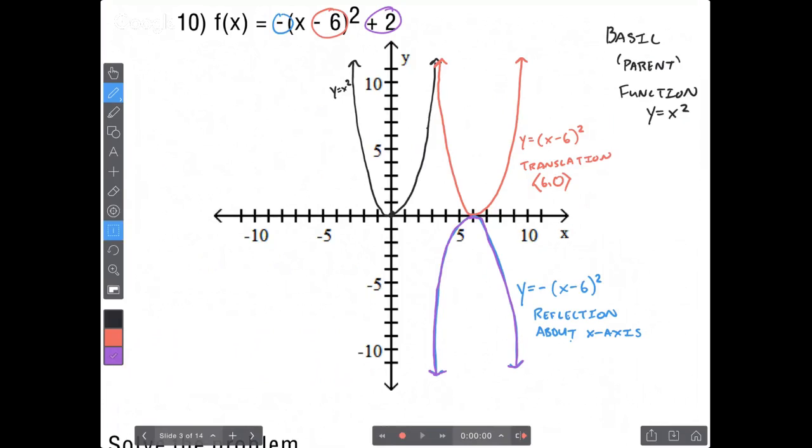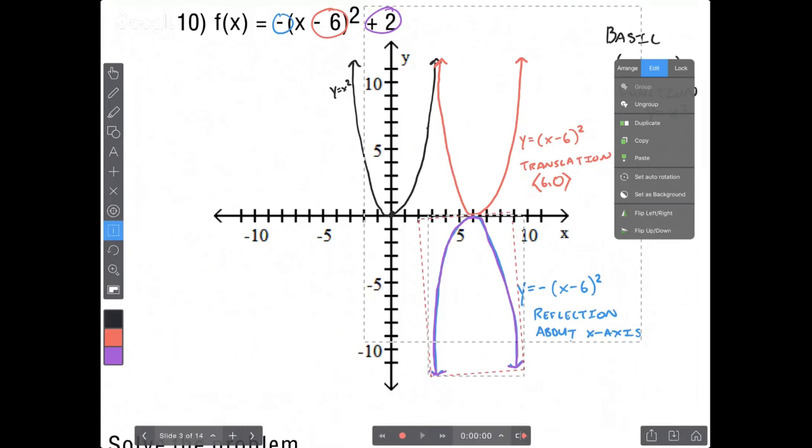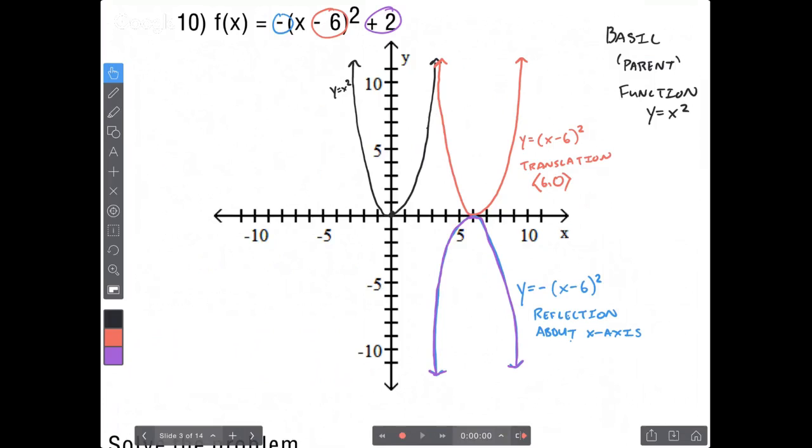And I'm going to, again, detach it. And I'm going to move my copy up 1 space, up 2 spaces, so that this is now at the point 2. And I'm now looking at the graph of y equals negative (x minus 6) squared plus 2.